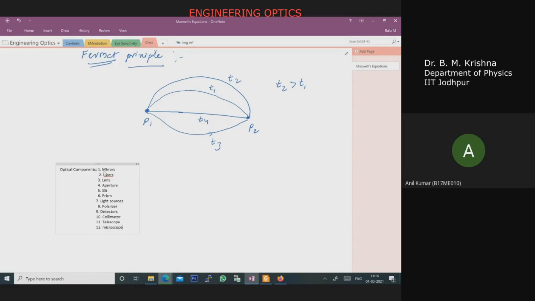So should we include our eye, the human eye, in optical components or not? You talk about the detectors. Detector is a broad term, so it will cover all. Your eye also will be part of a detector.